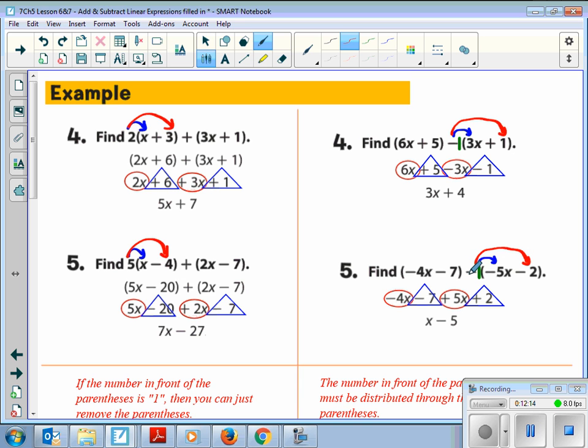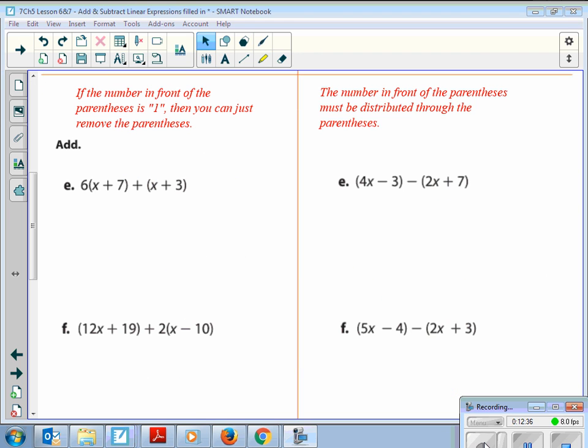So here we have negative 1 times a negative 5x, and that's going to give me a positive 5x. And then we have a negative 1 times a negative 2, and this is just going to give us a positive 2. And then once you have simplified all the parentheses out, now you can just combine your like terms, just like the previous examples.